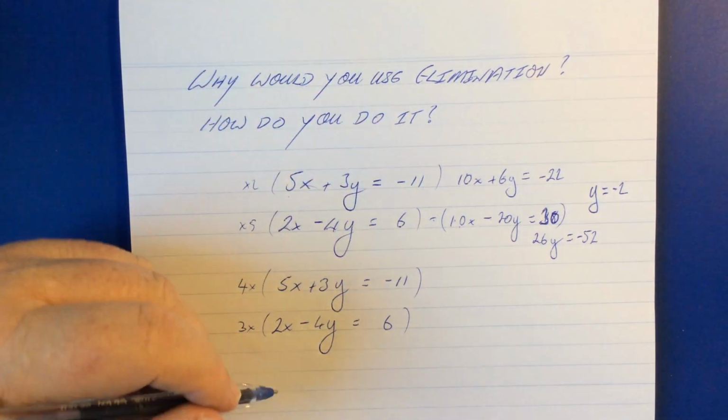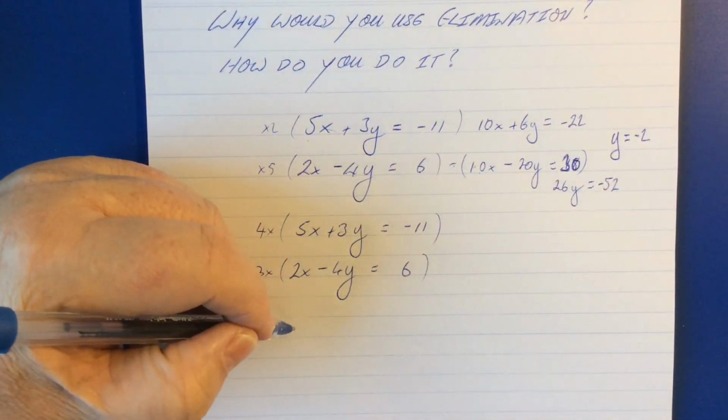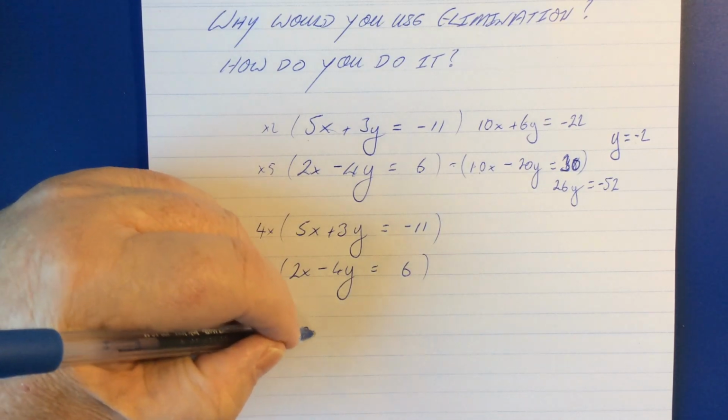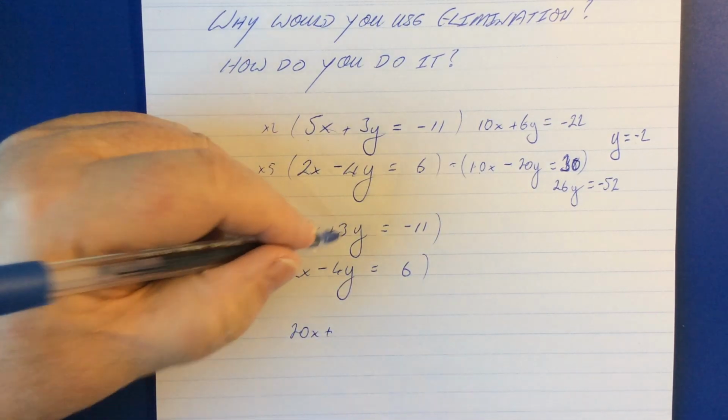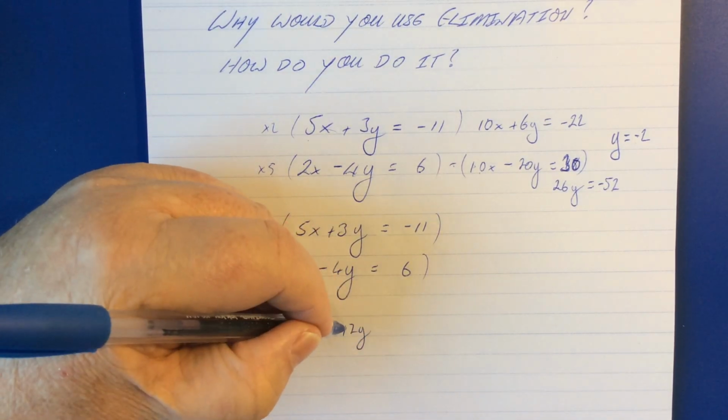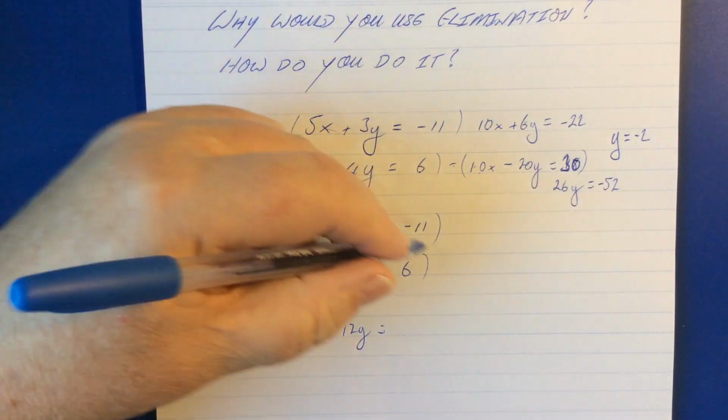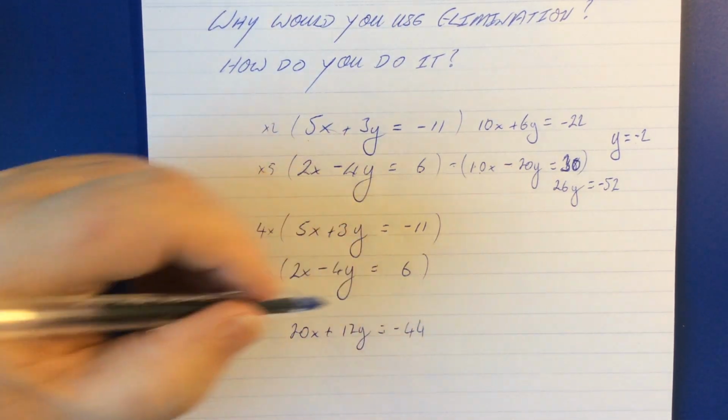And what I will get, I'll use the space down here, is 20x plus 12y equals negative 44.